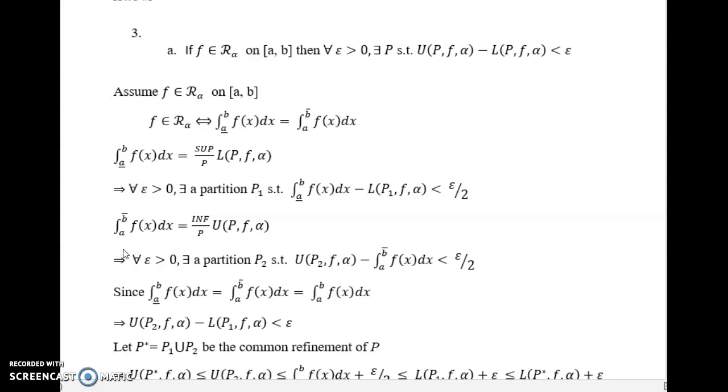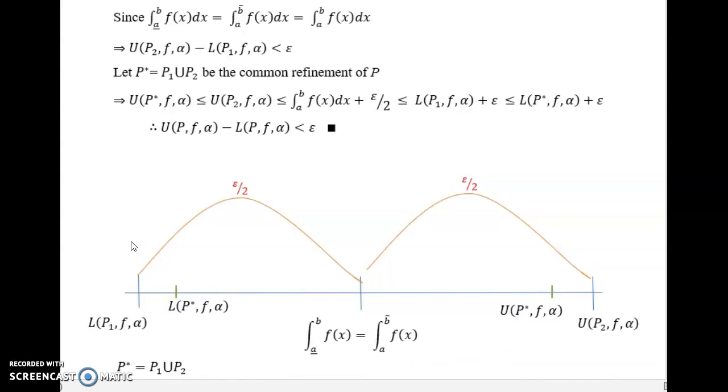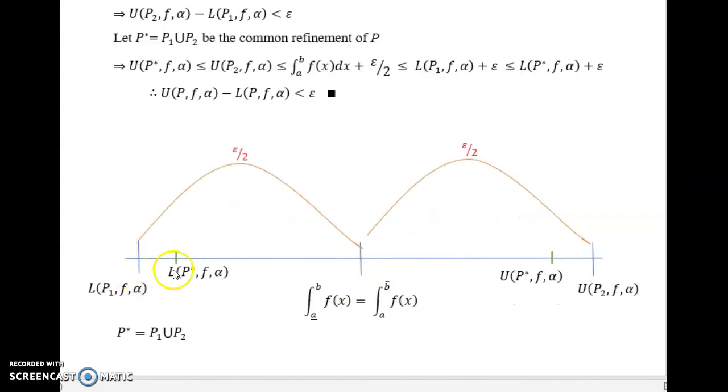So let's take a look at that picture. So here, this entire line would be epsilon, and we just cut it in half, epsilon over 2, epsilon over 2. And this midpoint here, I believe if I'm remembering correctly, is what we're calling the lower and upper integral, which are actually equal to each other.